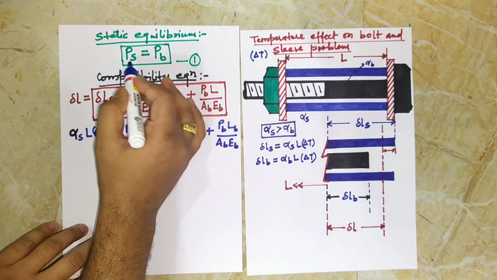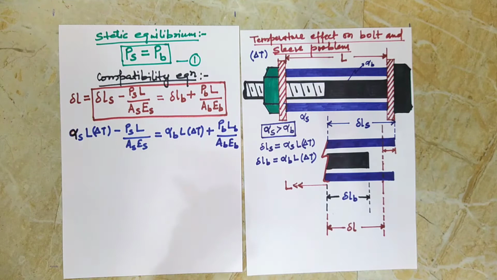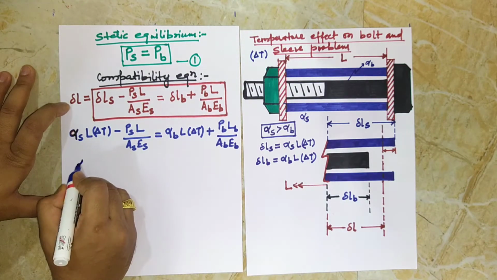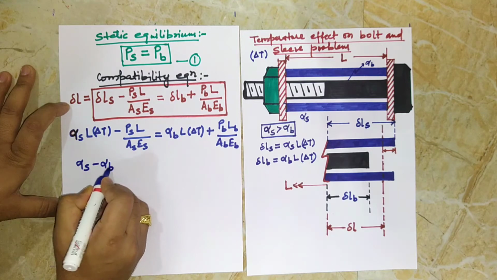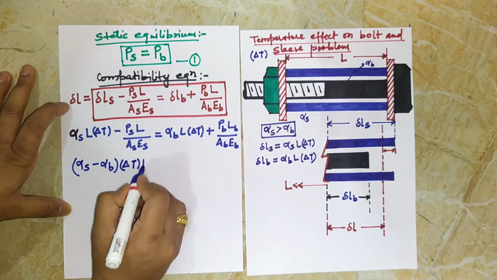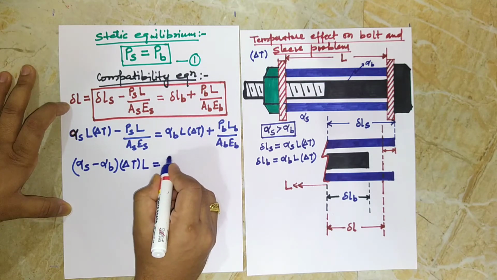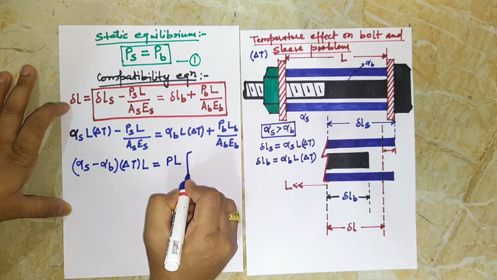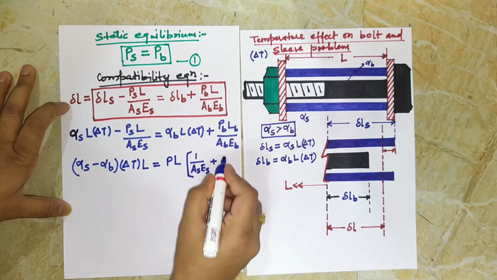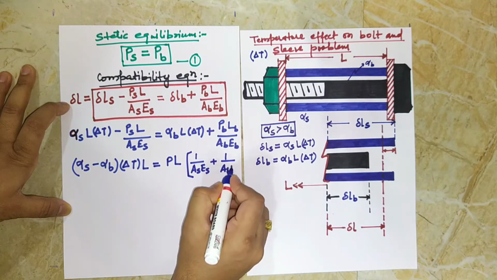Now since we already know that PS is equal to PB by the condition of static equilibrium, we can substitute here, and by rearranging we'll find that alpha S minus alpha B into del T into L is equal to PL into 1 by AS ES plus 1 by AB EB.